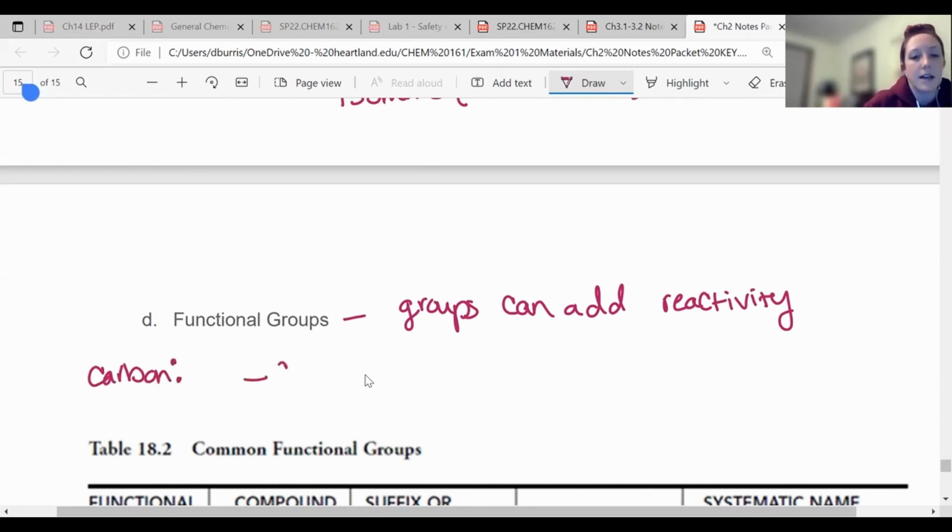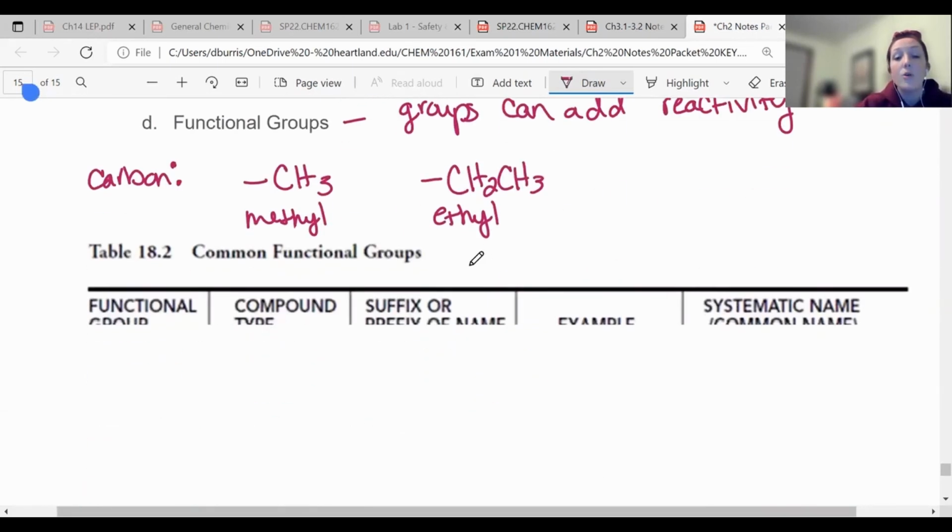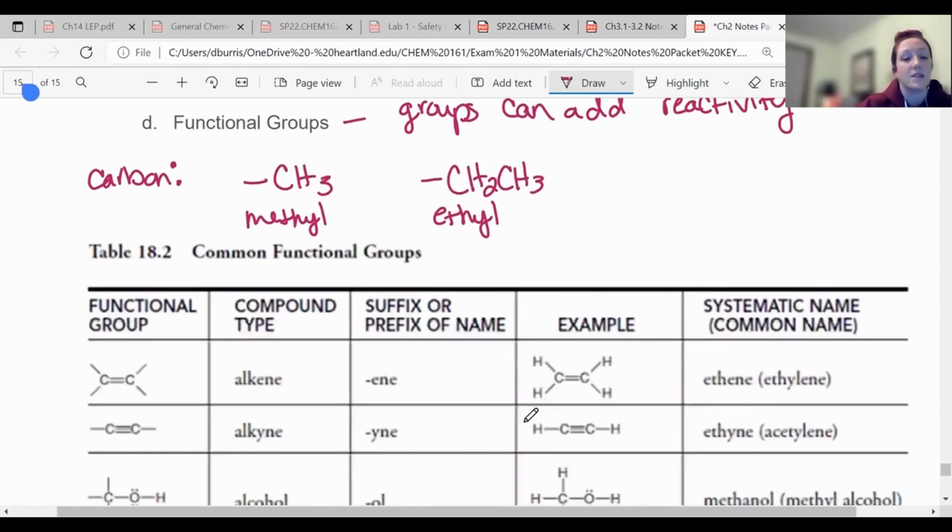But carbon groups are like a CH3 group, which is called a methyl group because it has one carbon. A CH2CH3 group is an ethyl group because it has two carbons. Okay, so there's some carbon groups you can add, or you can add things that are not carbon groups, and those are all listed on here. Okay, so functional groups are essentially things that you can add on to give different functionalities.